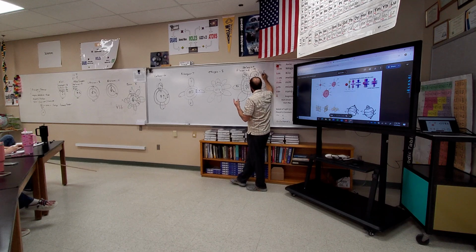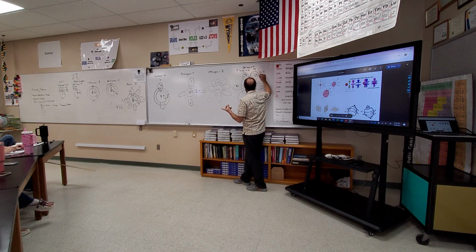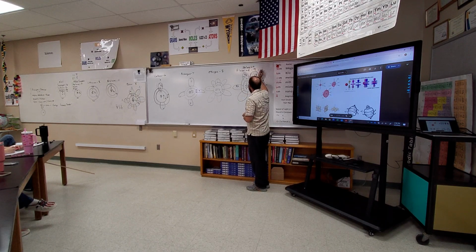So chlorine is going to be 3p5. Bromine, 4p5. And iodine, 5p5. And they're all in the same family.